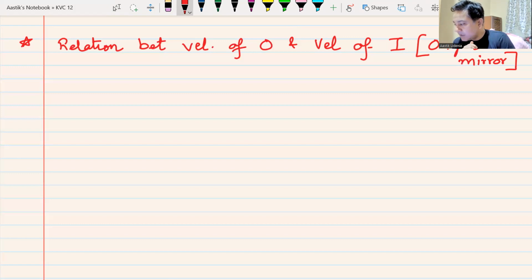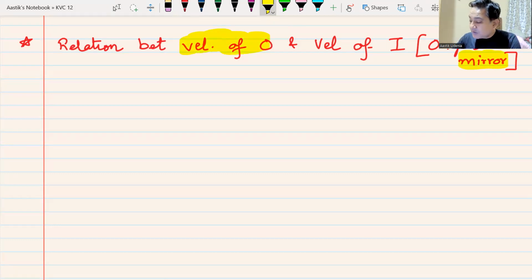Yes, sir. Therefore, whatever relation we get between the velocity of the object and the velocity of the image, it will be with respect to what? Mirror. Yes, it will be with respect to the mirror.